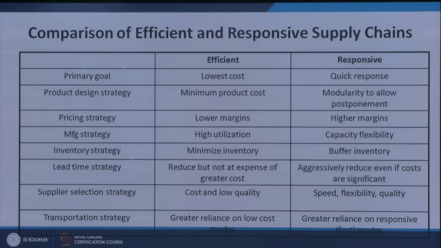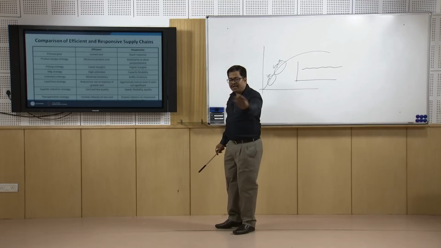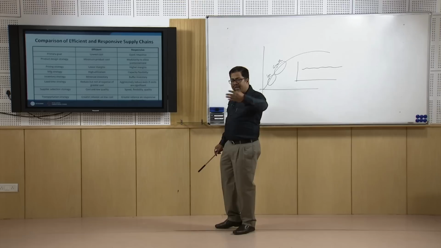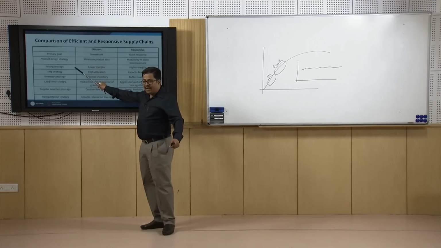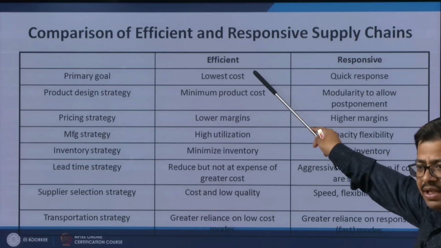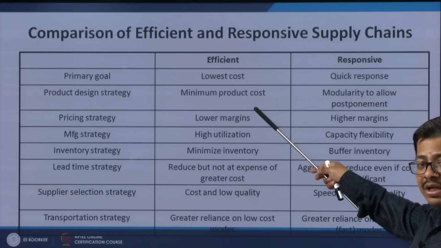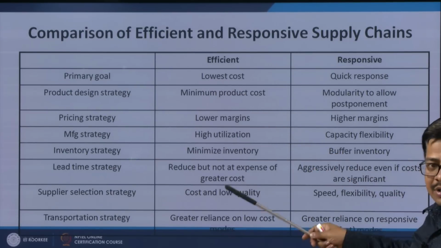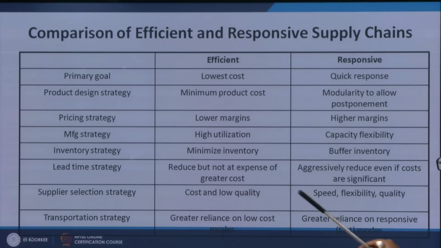And in the case of a responsive supply chain, all other items will be guided by how fast you can deliver and how much you can reduce the lead time. And therefore, in the case of product design strategy, in efficiency driven supply chains, you want to achieve product design with minimum product cost. You try to design products where cost is very low.